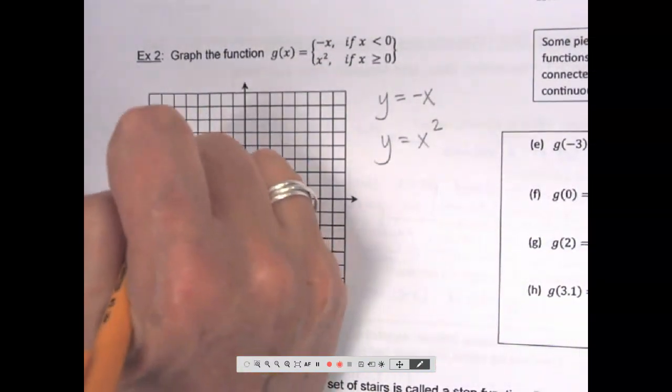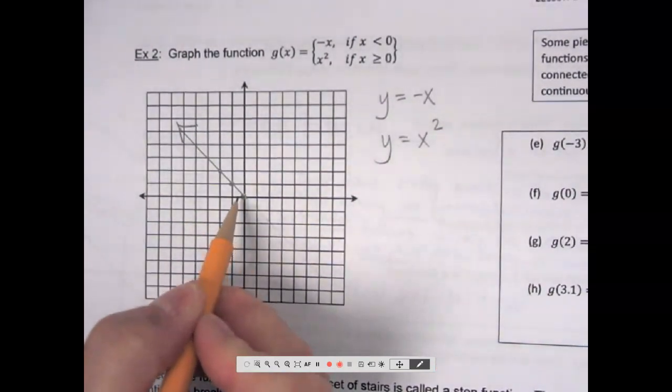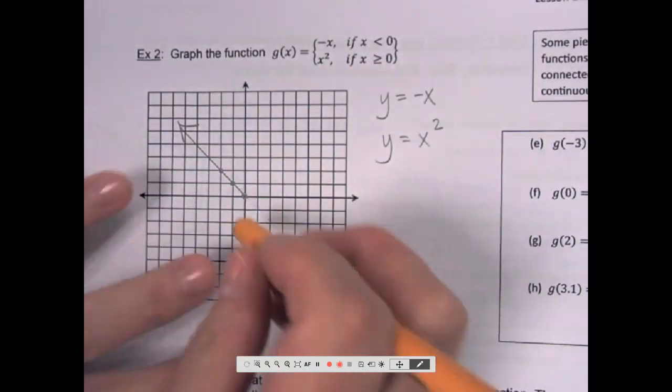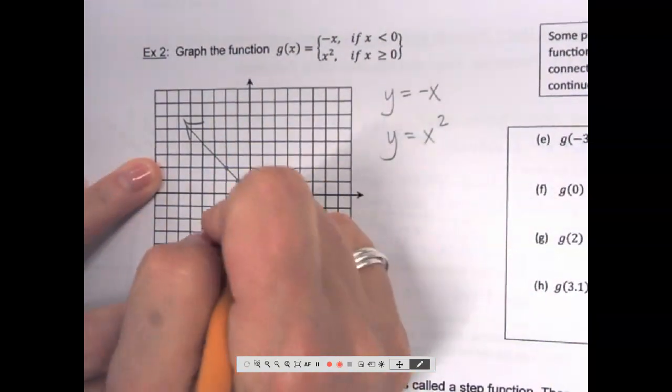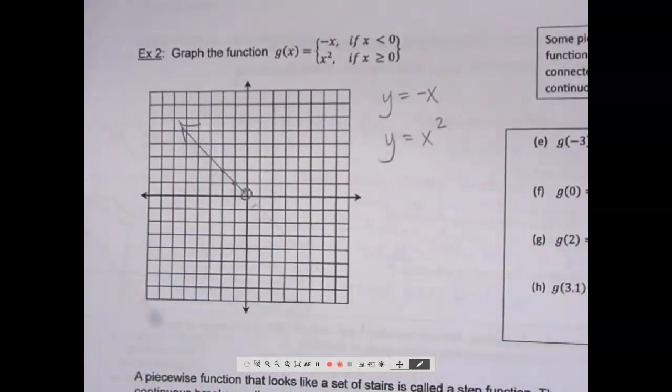I put my little arrow because it will keep going. Now, at this point, do I want an open or closed circle? Open, because it doesn't have the equal to. So let's make that clear. That takes care of the first part.